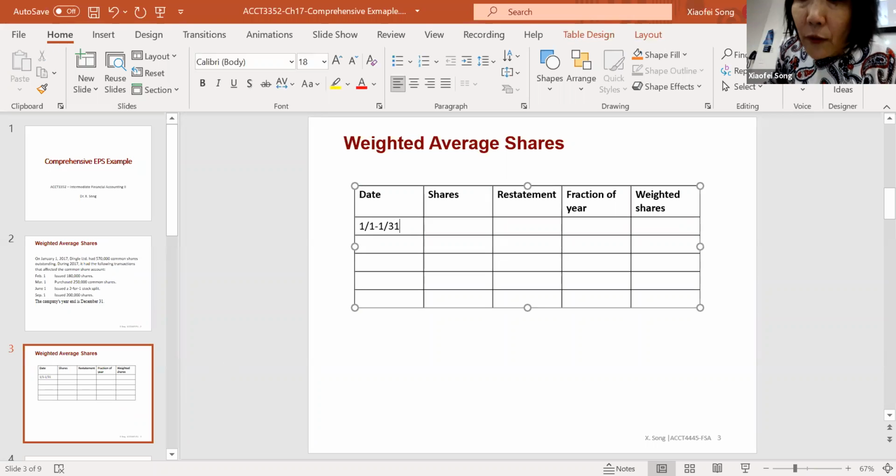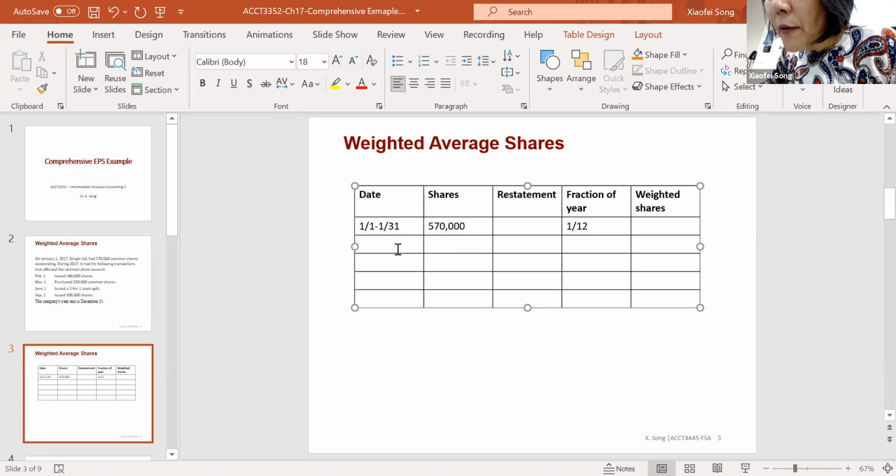The number of shares outstanding is 570,000 shares. I keep this restatement column here, but we'll worry about it when we come to that. So at this point, it's one of the 12 months. That's the level of shares at that time.